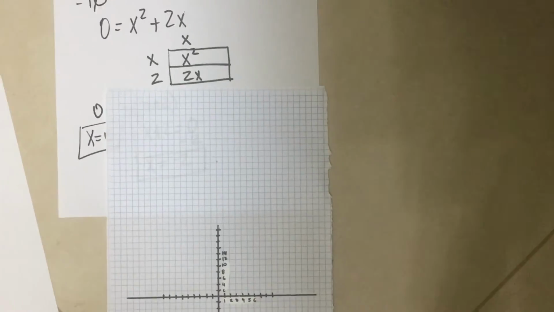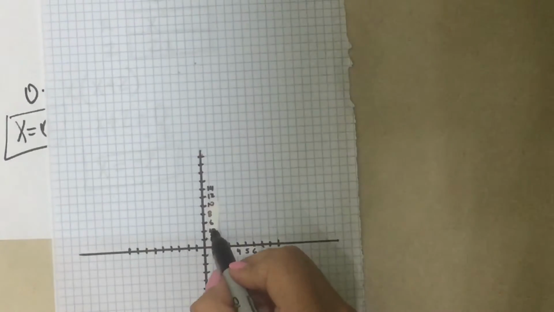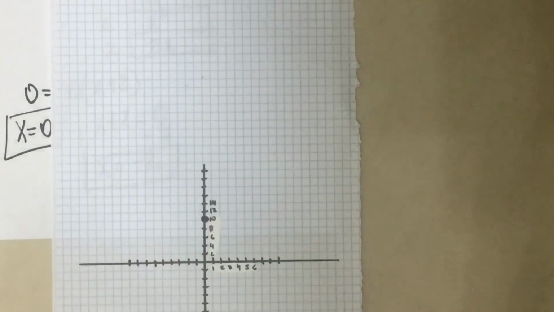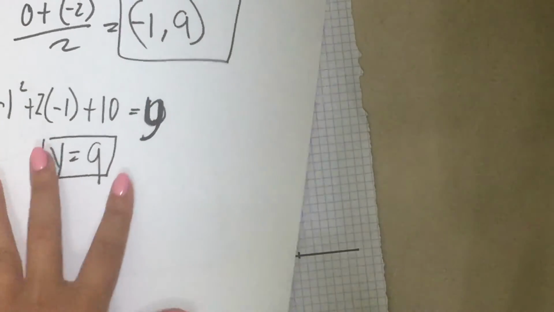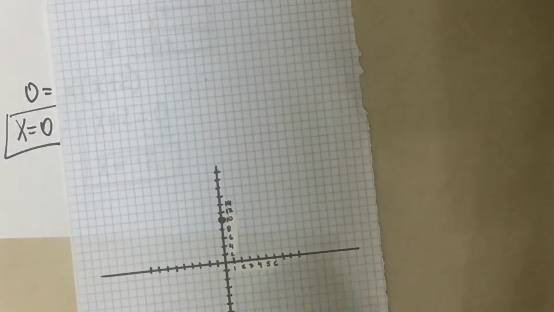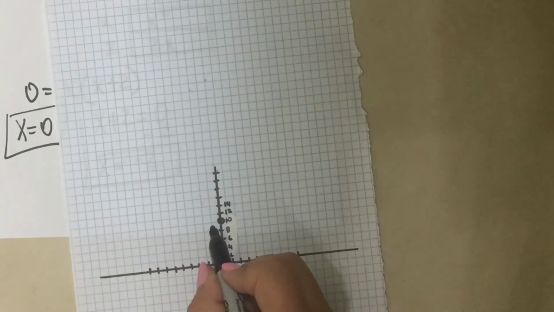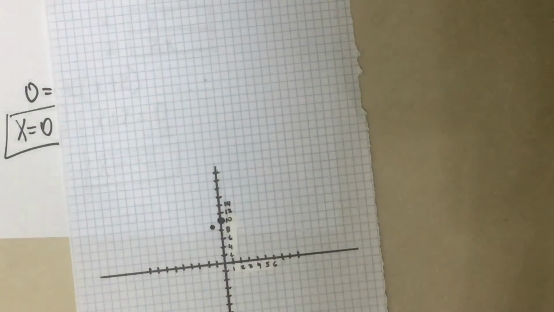Let's find that on our graph, which is right about here. Now, our vertex that we found here is negative 1 and 9. So let's find that on our graph, which is somewhere around here.